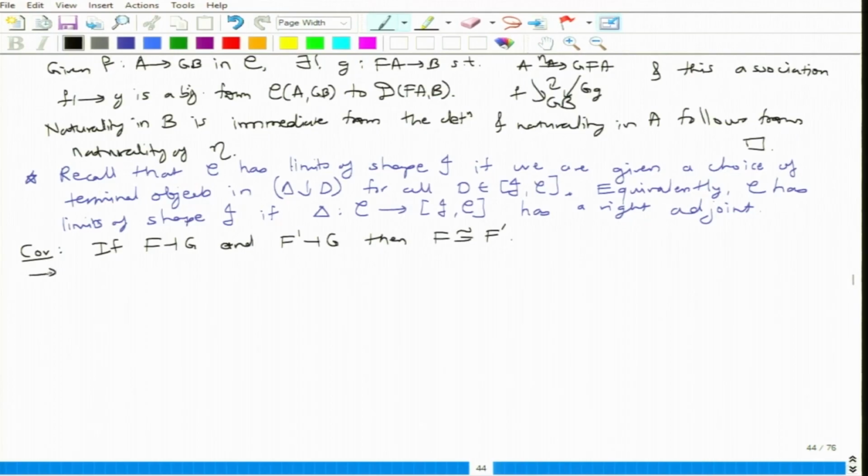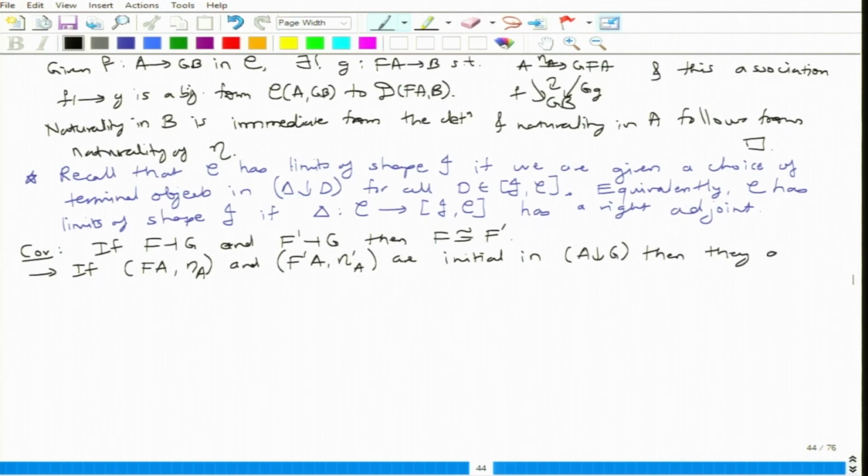What is the proof? What is this initial object that we are talking about? It looks like this. If FA comma eta A, we did this in the proof, and F dash A comma eta dash A are initial in the arrow category, then they are isomorphic via a unique isomorphism.